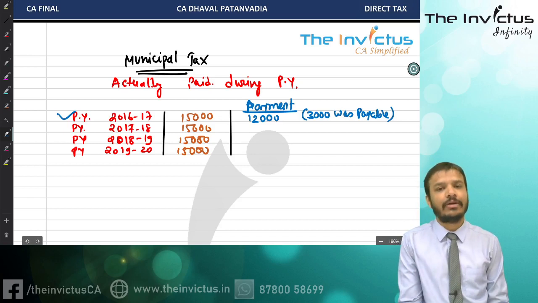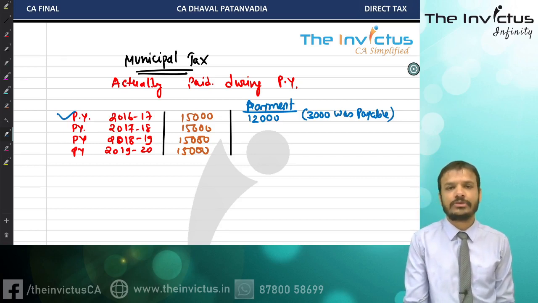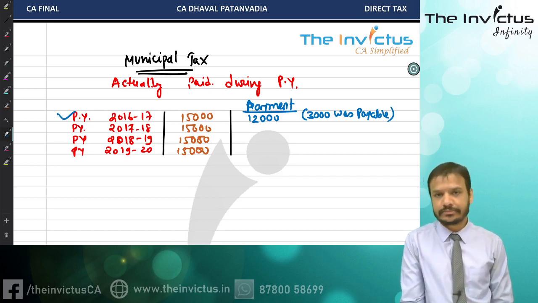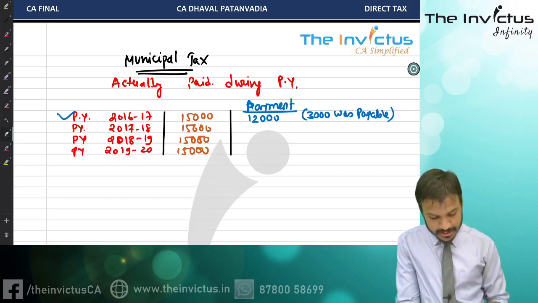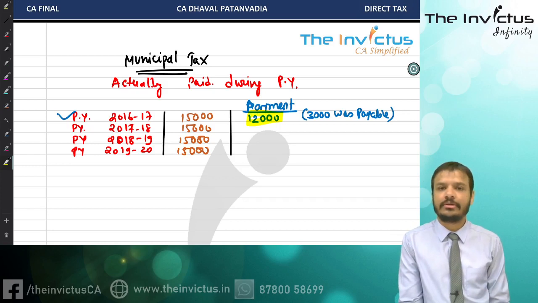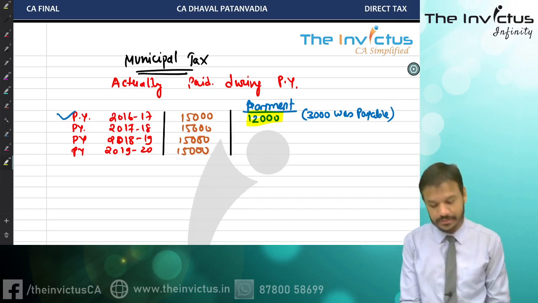In accounting, I have claimed total 15,000 as an expense and shown 3,000 as what? Payable or outstanding. So according to income tax, only 12,000 would be allowed, so that I can claim deduction of only 12,000 rupees. I cannot claim deduction of 15,000.